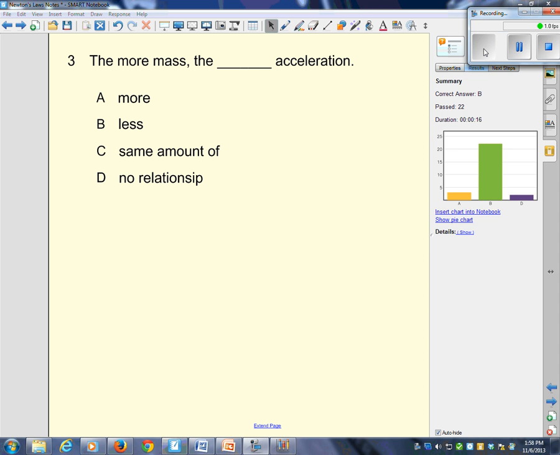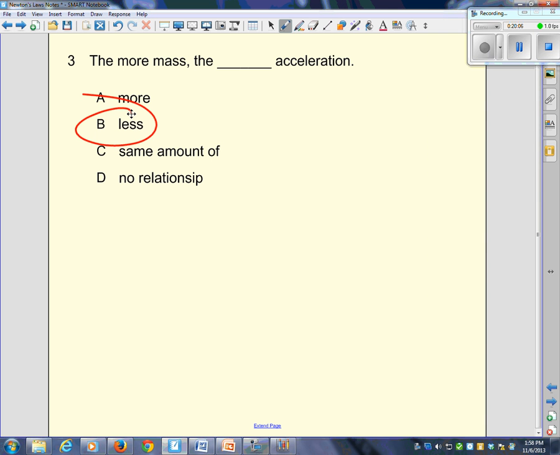Correct answer is B. The more mass, the less the acceleration. If I push on my filing cabinet and it's empty, it will accelerate. If I push on my filing cabinet with the same amount of force, but it's full, it will not accelerate as much. It's an inverse proportion.